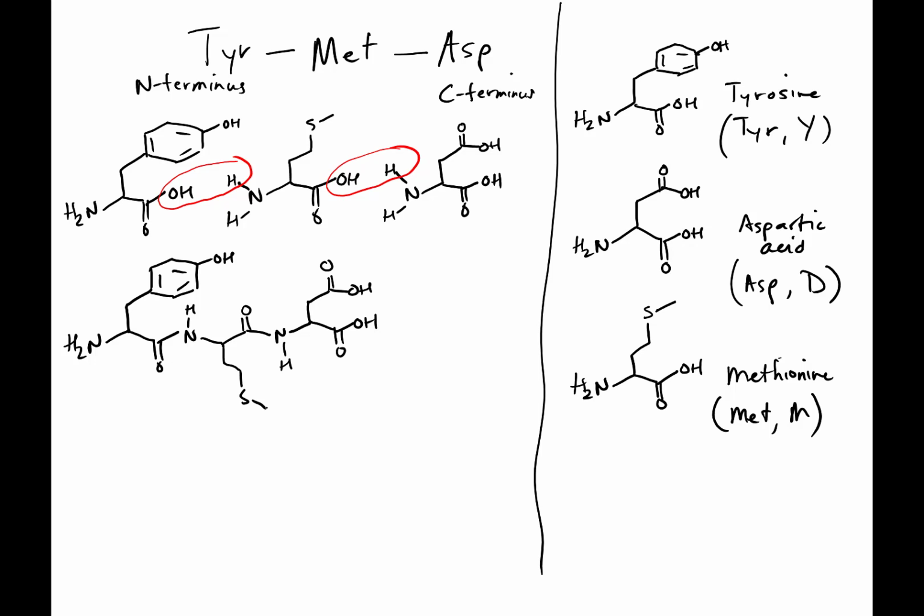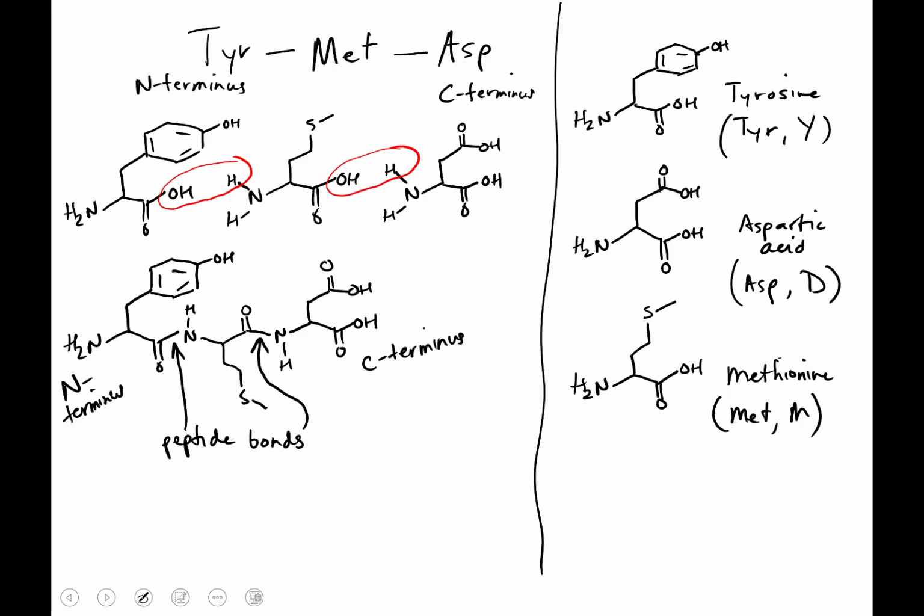So again, N-terminus, C-terminus. We've got 2 peptide bonds. You could identify those as well. There they are. C-terminal end, right? So N-terminus, that's right, and C-terminus. Okay, and then again, just a reminder, this can be written TYR-MET-ASP, or we could write it Y, right?